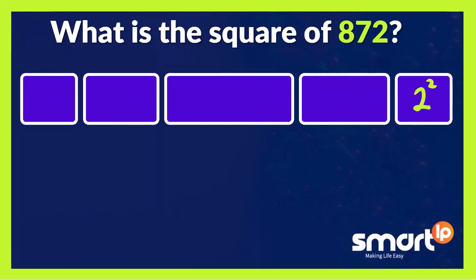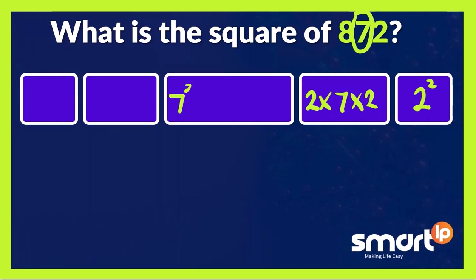Great job. Okay, the second step, we are going to take the second and the last digit and we're going to multiply them by 2. So we're going to have 2 multiplied by the second digit, multiplied by the last digit. Great job. Okay, so the next step, take the second digit, and the second digit is 7, square it.